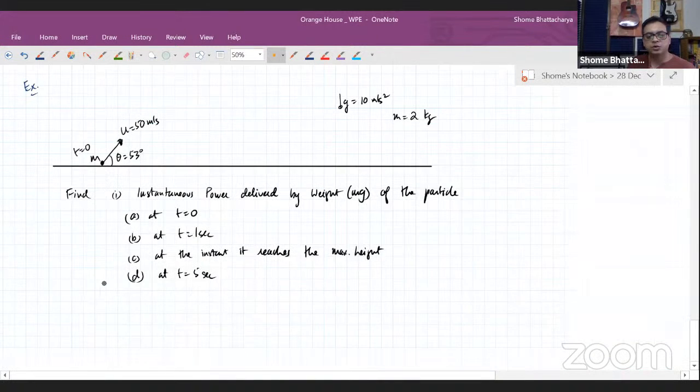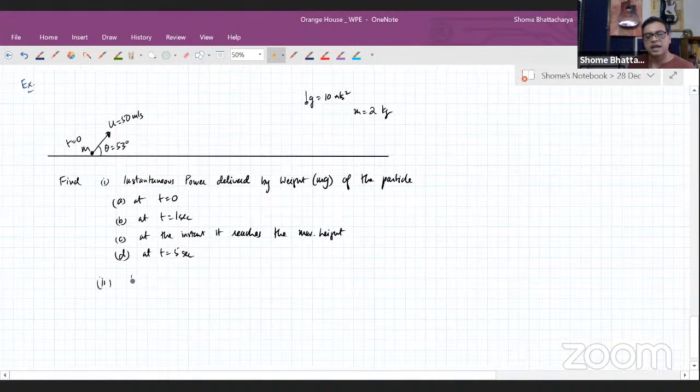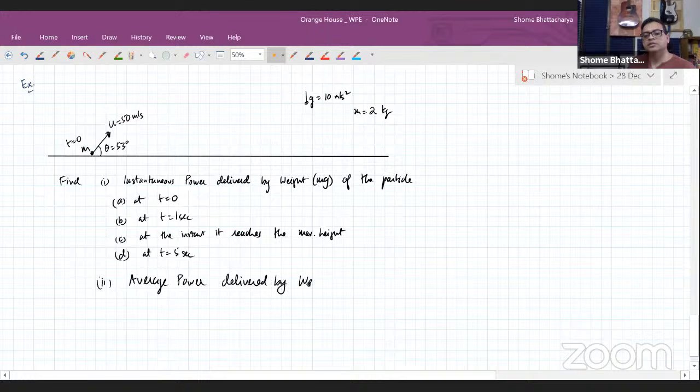And in the second part, we also have to calculate the average power delivered by the weight from t equal to 0 to t equal to 4 seconds. So in the interval of 0 to 4 seconds, what is the average power delivered by mg?